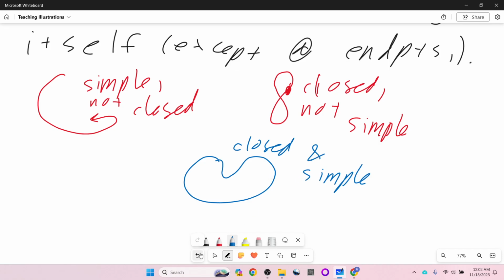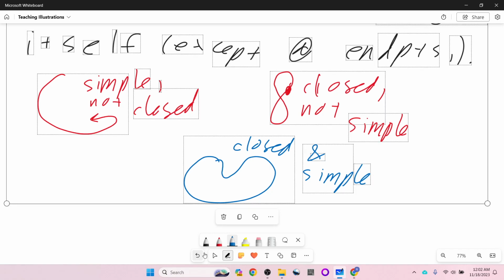And then there is one more definition, and this is probably the most complicated one, so I'm going to try to simplify it.